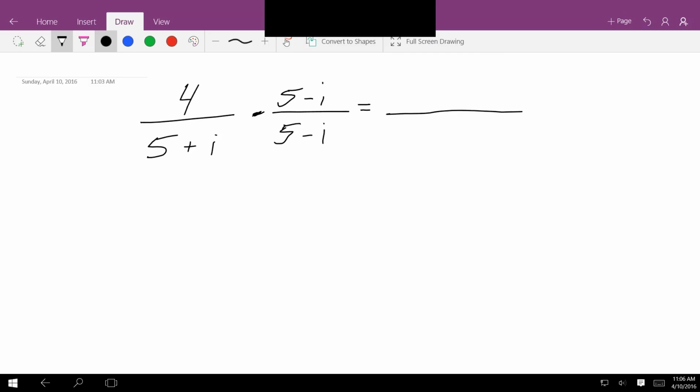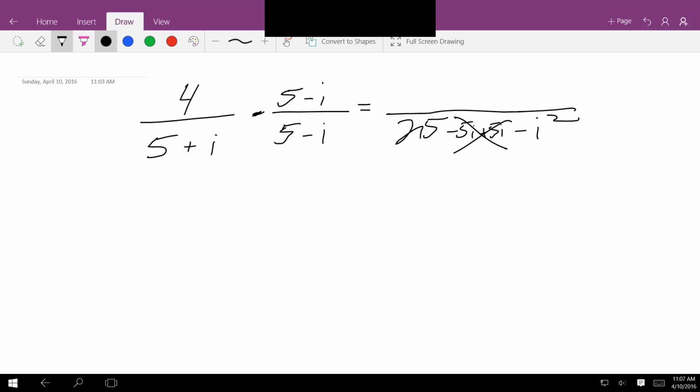Let's do the denominator first. 25 minus 5i and then plus 5i minus i squared. These two terms are always going to cancel out. So you actually can ignore them when you're doing this process.